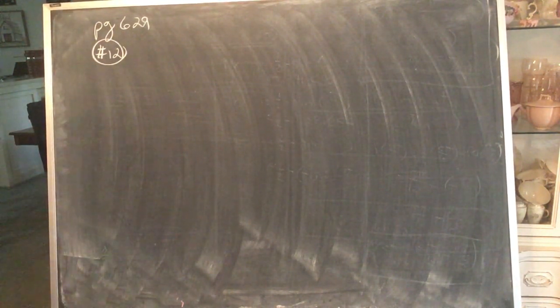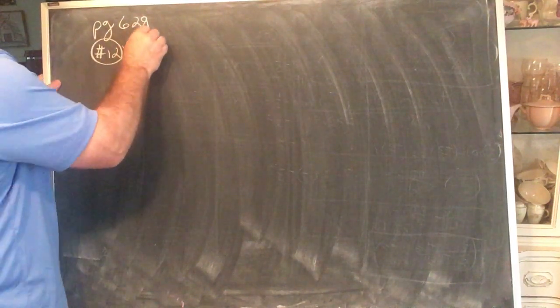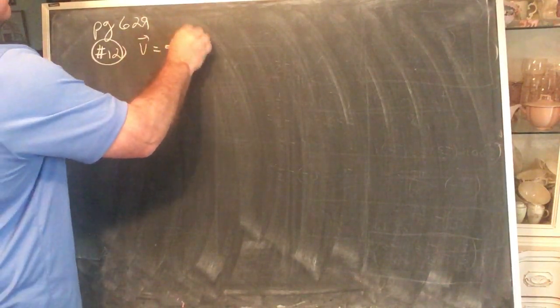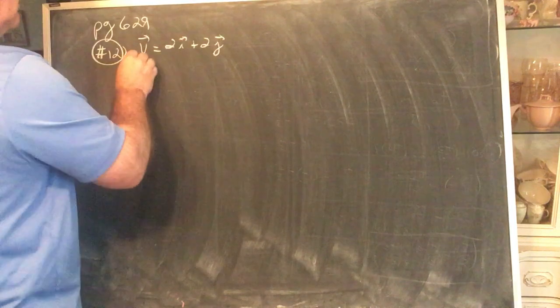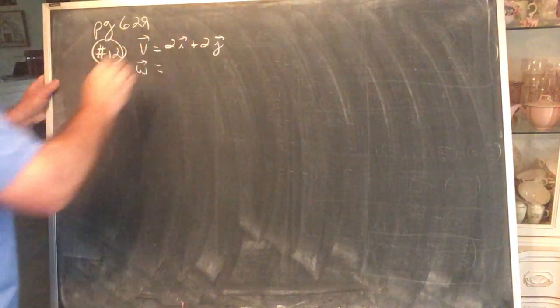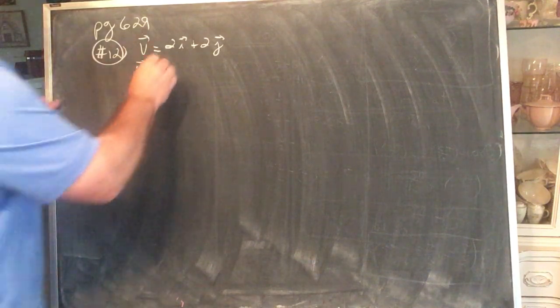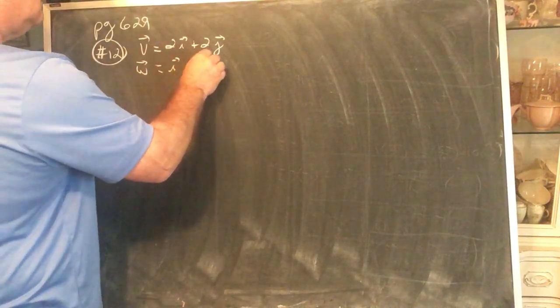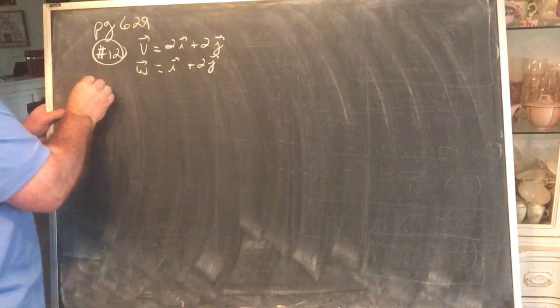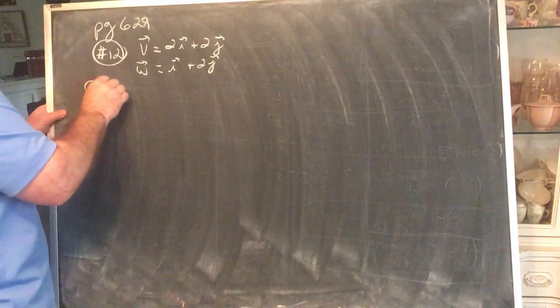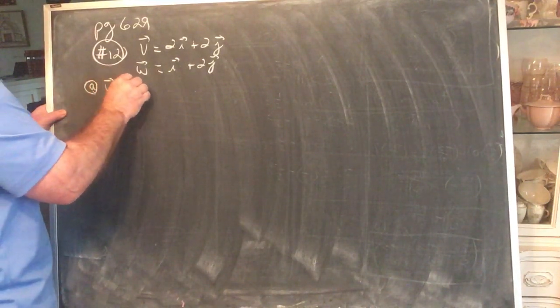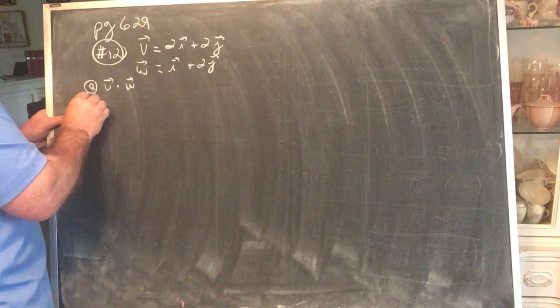So I have vector v equals 2i plus 2j, and vector w is i plus 2j. And we're supposed to do three pieces. Number one is simply to find the dot product.